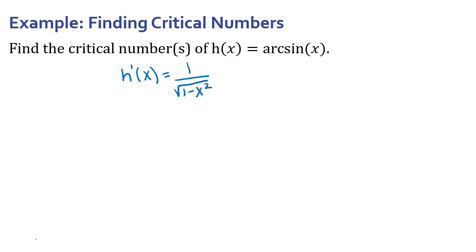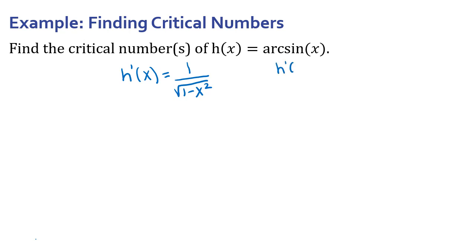So in looking at this, the function will never equal 0. The only way it can equal 0 is if I have 0 in that numerator. The numerator is always going to be 1. But this function will be undefined when that denominator equals 0 because you cannot divide by 0.